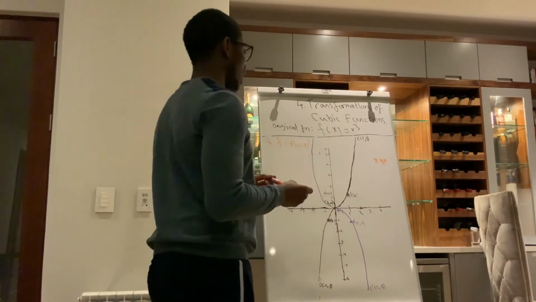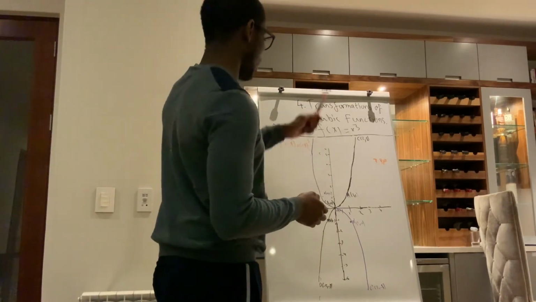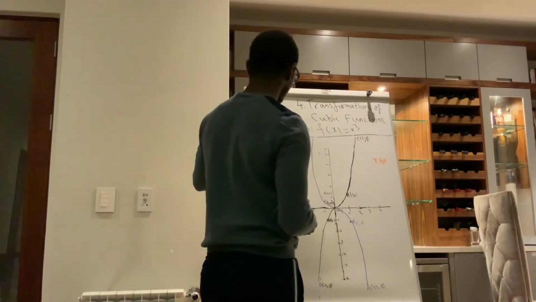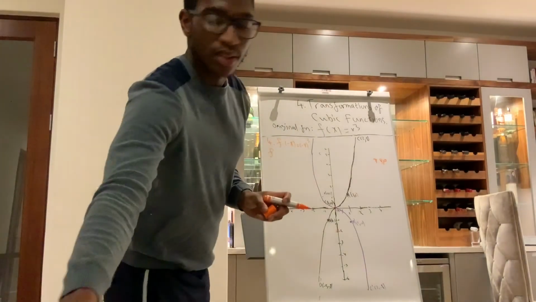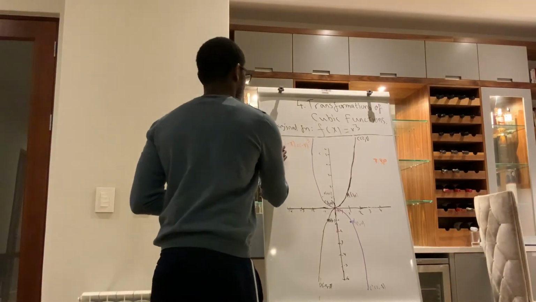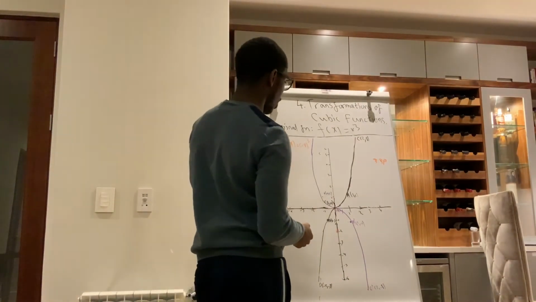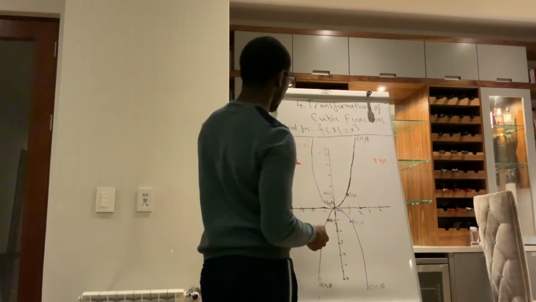So now what we do is plug in the points that we used. So A, B, C, D. So, f of negative x, right? Negative x cubed, well, for 1, we have negative 1 cubed, and so the answer will be negative 1.